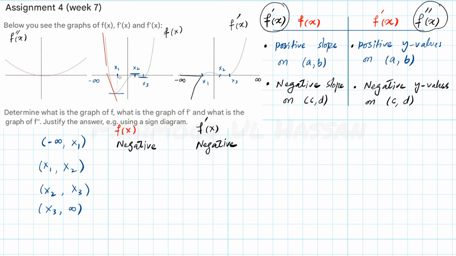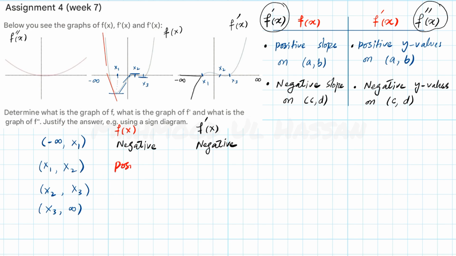And the second is from x1 to x2. Now you can see from x1 to x2, the slope of the graph is positive. You can see here. So we can say that from x1 to x2, the graph of f of x has a positive slope.